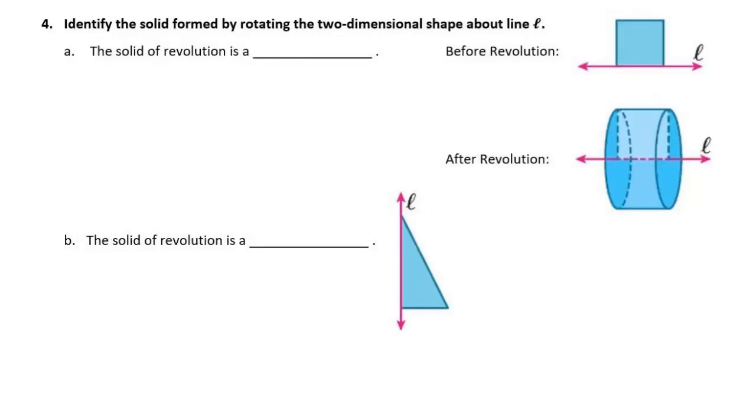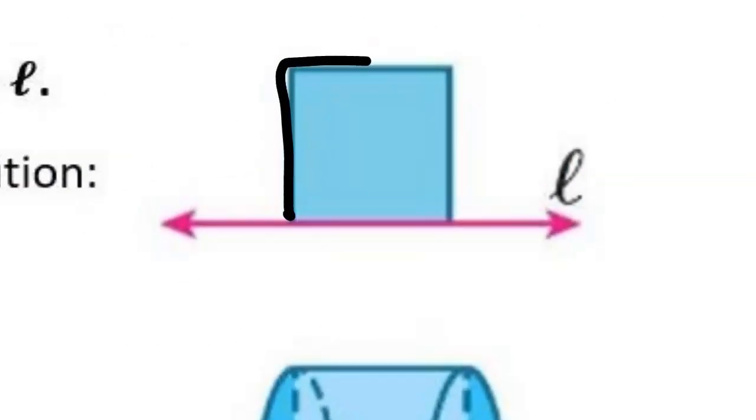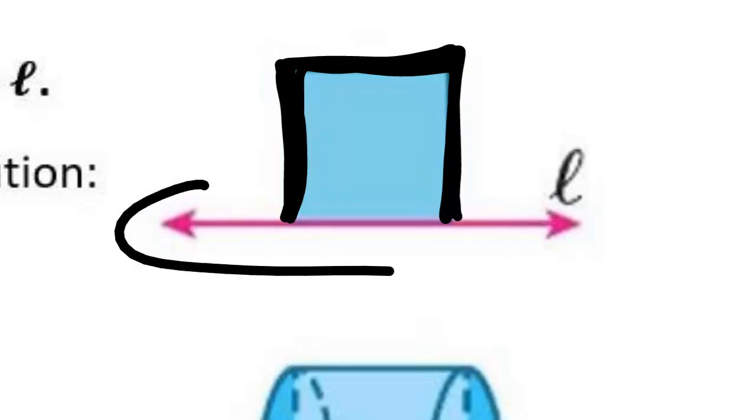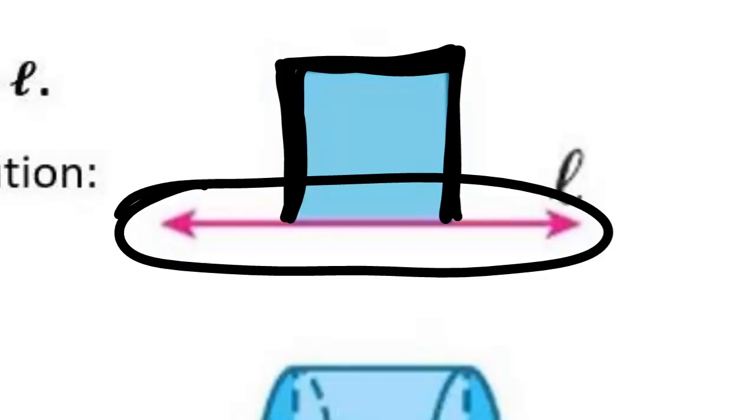All right, so let's look at this one. Here, it kind of looks like a square. I'm not sure if all the sides are the same, but at the very least, it's a rectangle, right? We're going to take this and spin it around this line right here.